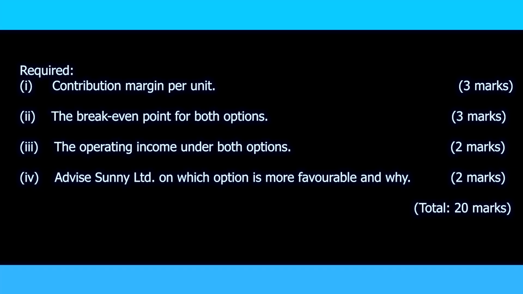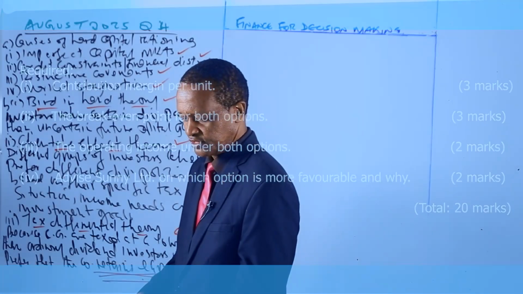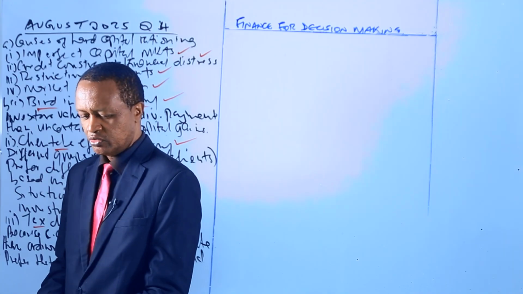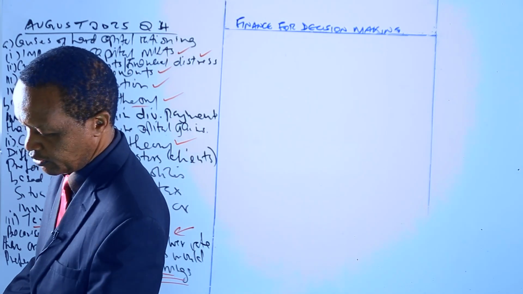Roman 2, the break-even point for both options, 3 marks. Roman 3, the operating income under both options. Number 4, advise Sunny Limited on which option is more favorable.